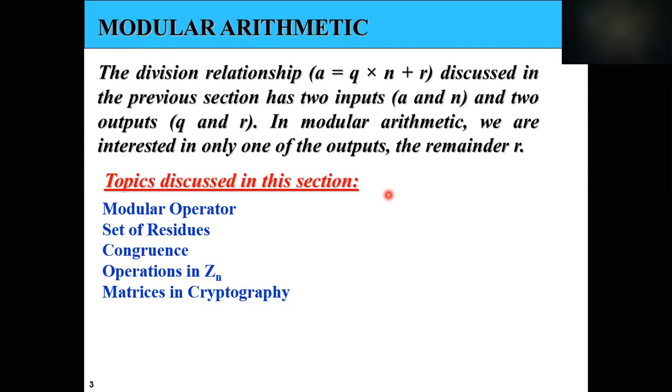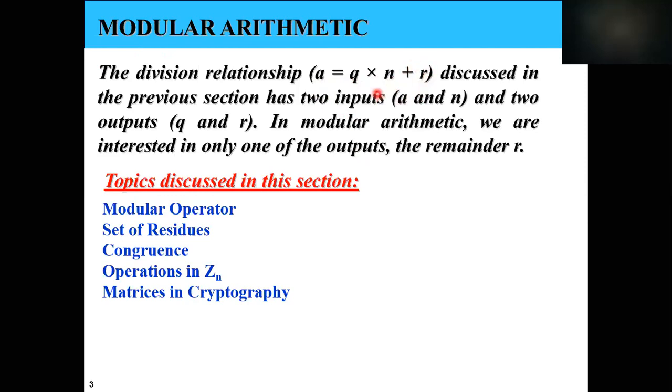So let us come up with the first idea. Modular arithmetic basically comes from the division relationship. If you divide a by n, then a can be written as a equal to q times n plus r, where r is the remainder.